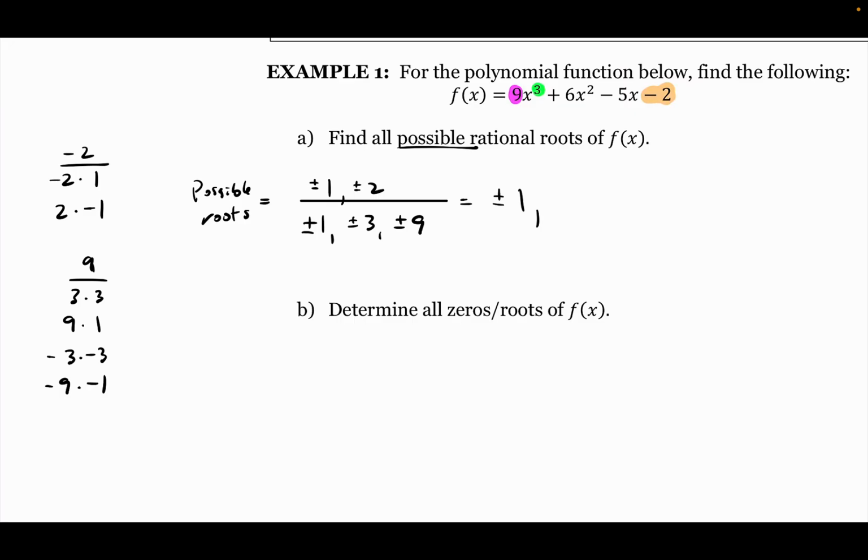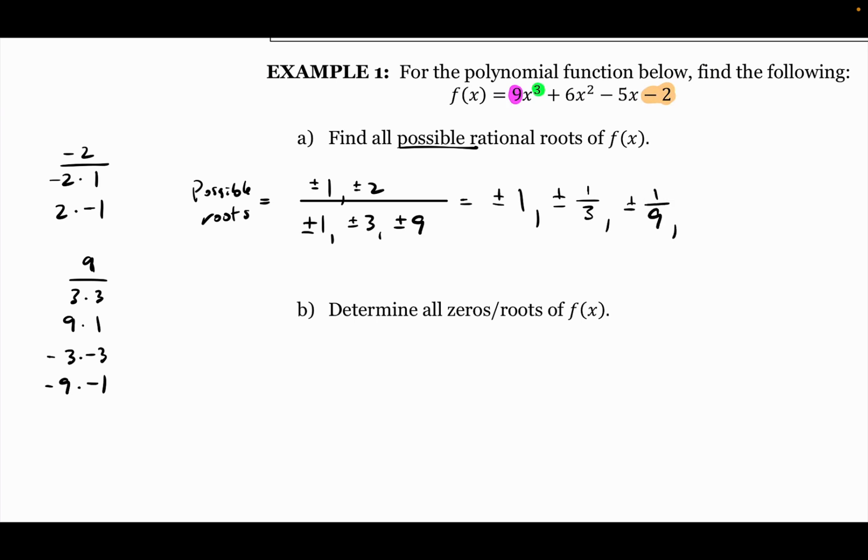What is 1 divided by 3? 1/3, right? If 1 is on top, 3 is on bottom, that's 1/3. It's a fraction. So plus and minus 1/3. Now 1 divided by 9. If 1's on top, 9's on bottom, it's not 9th, it's 1/9. Plus and minus 1/9. Good.